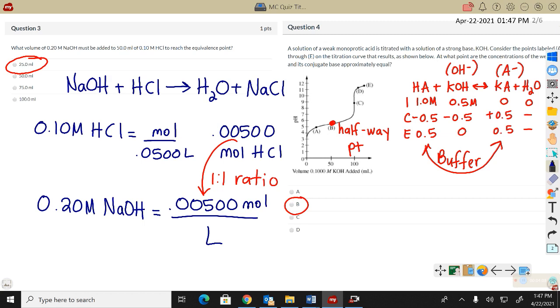Being at the equivalence point means that I'm at the stoichiometric ratio from the balanced equation. I did just check the ratio in case I wasn't sure, but this one is definitely a 1-to-1 ratio. Now obviously they don't have to be. If I had an acid with 2 hydrogens or a base with 2 hydroxides, I might not have a 1-to-1 ratio.